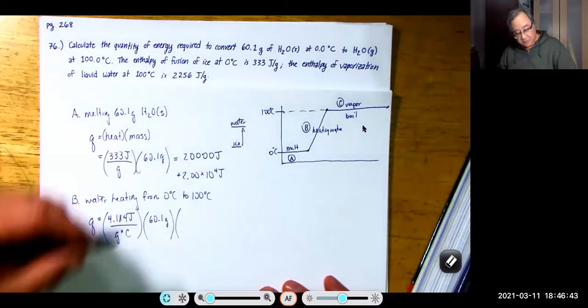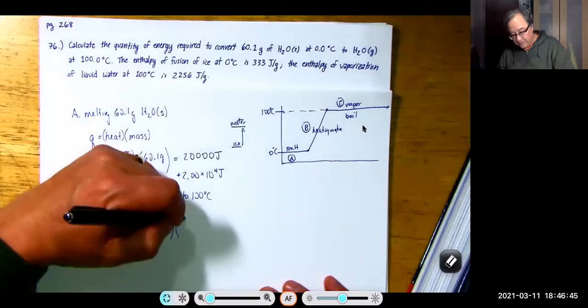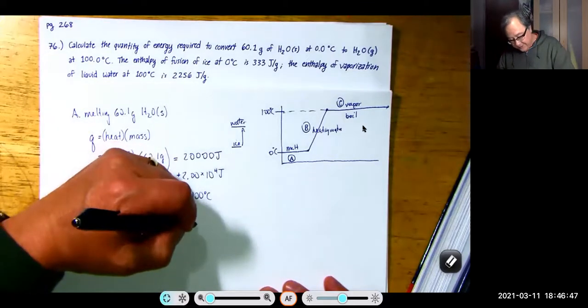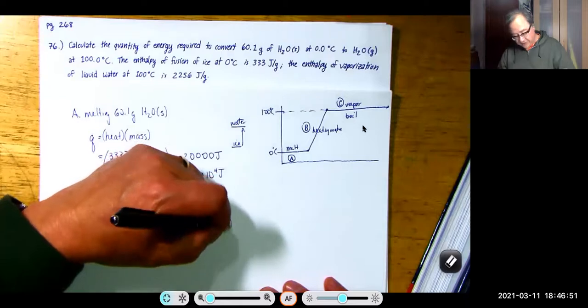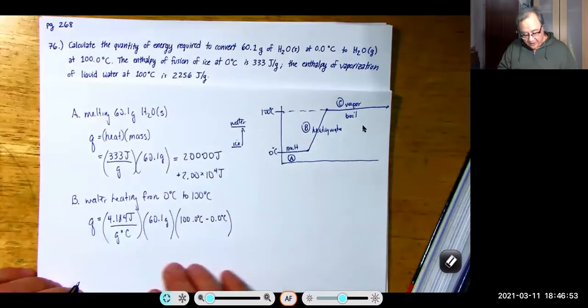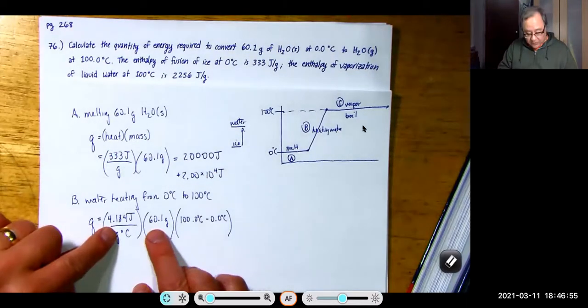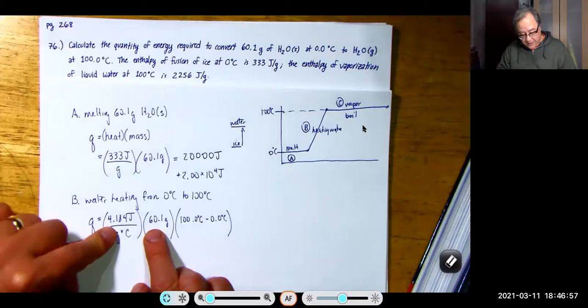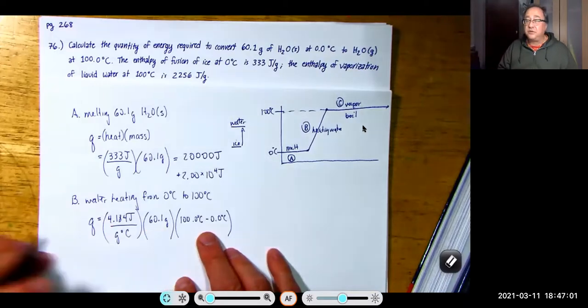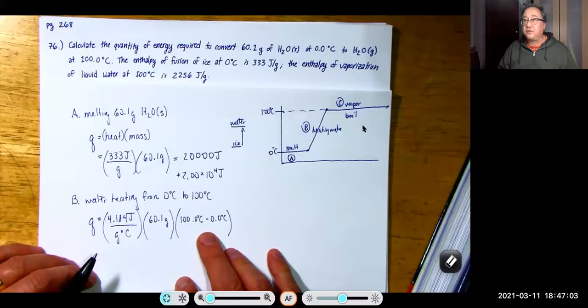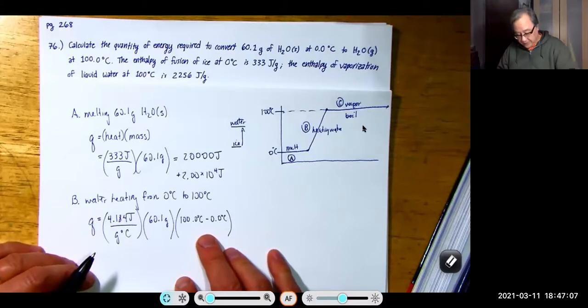And the change in temperature is going to be 100.0 degrees Celsius minus 0.0 degrees Celsius, which is 100 degrees Celsius. So 60 times 4 is roughly 240. 240 times 100 is 24,000. So let's see what we get.